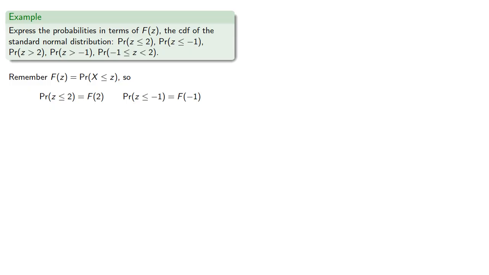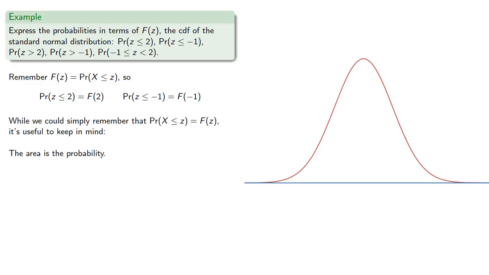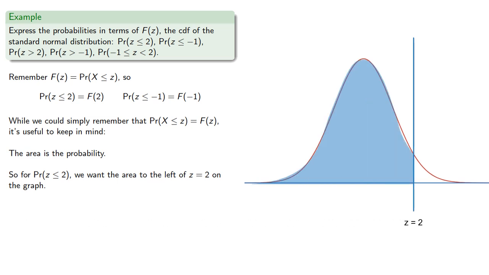While we could simply remember that the probability X less than or equal to something is the CDF, it's useful to keep in mind the area is the probability. And so for things like the probability Z is less than or equal to 2, we want the area to the left of Z equals 2 on the graph, and likewise for the probability that Z is less than or equal to 1.